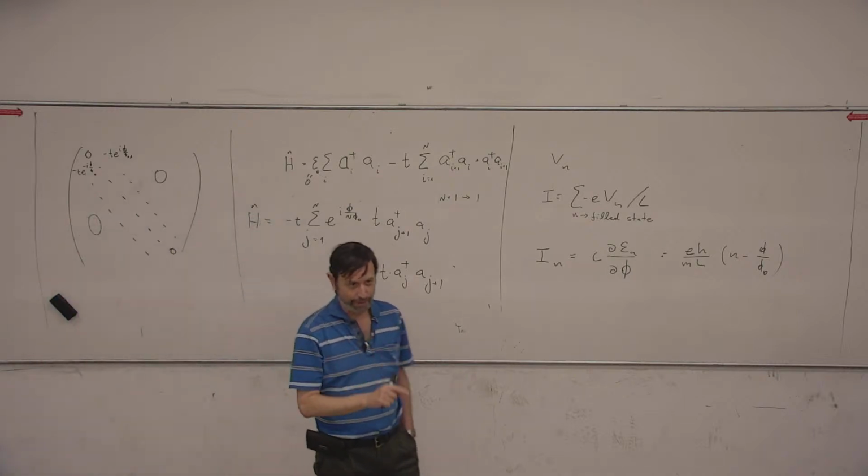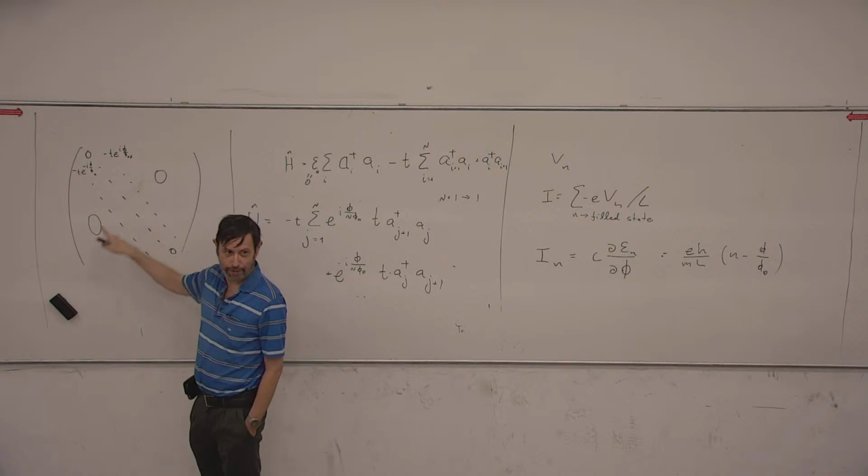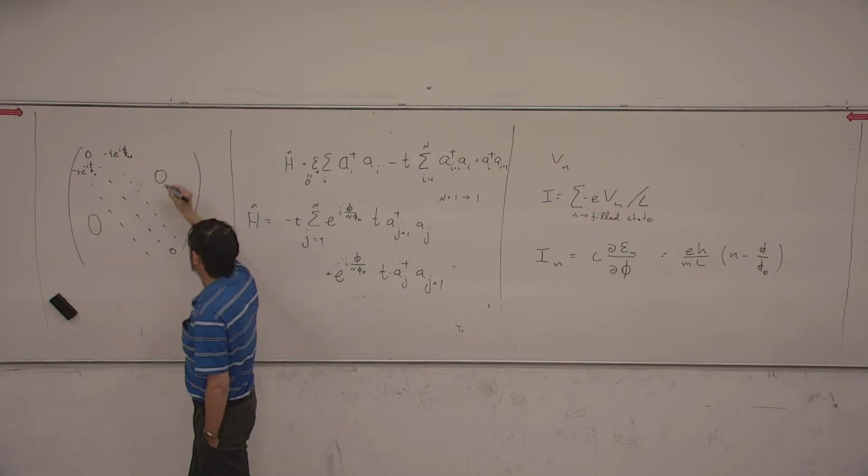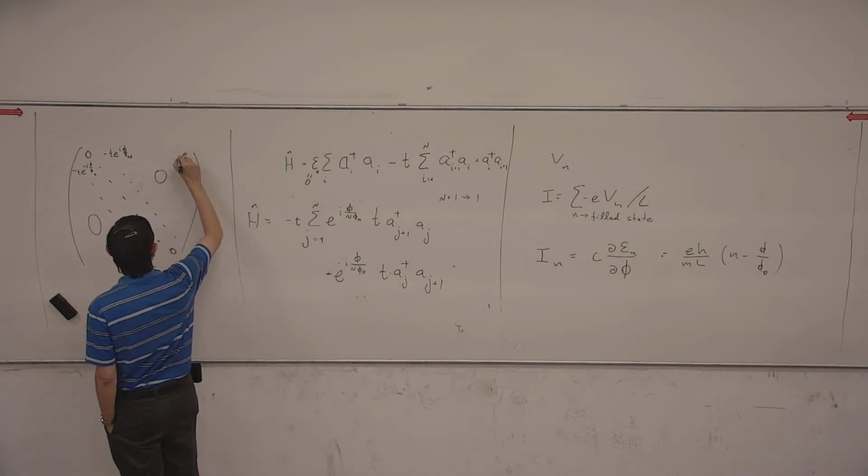And very important, on the two edges, I have e to the minus t minus e phi over phi 0.